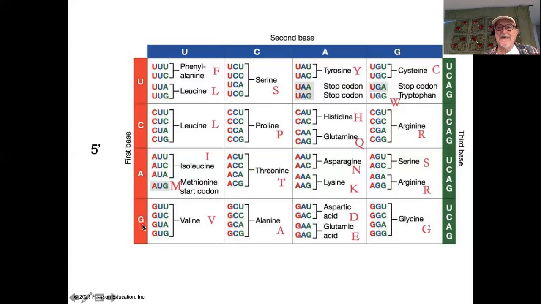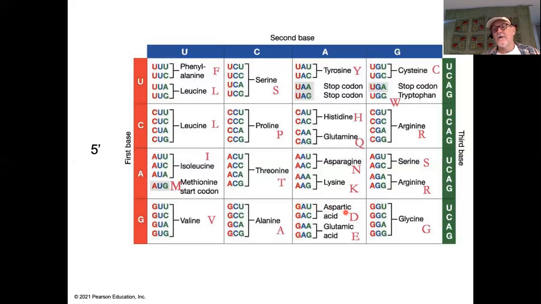We're going to say GAU. The first letter is G. It is somewhere in this box here. Okay, that's the first letter. The second base is A, so it's in here, where this A intersects with this here. And then the last letter is U, and there it is. GAU is a codon for aspartic acid.